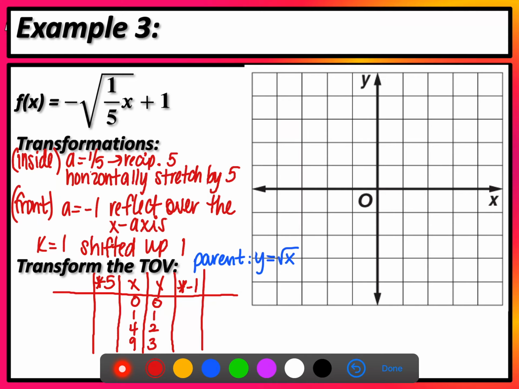And remember, you always want to do inside, front, back, and have it in the correct order so that on the y side, you are multiplying by a before you add your k value. Okay, so that would change your table if you did it in the wrong order. It's like order of operations for functions. Okay, so my new x values become 0, 5, 20, and 45.